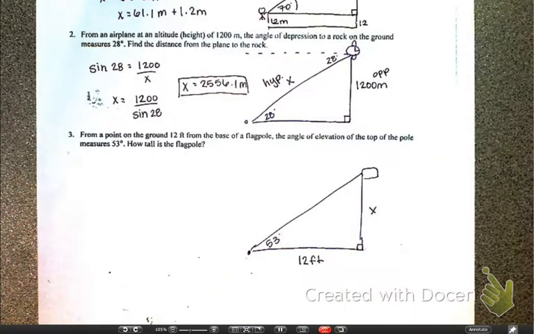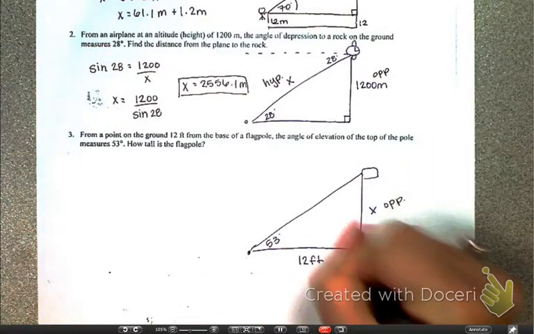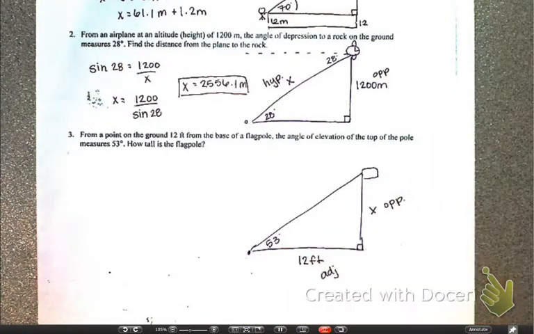This one hopefully was really straightforward. Okay, I have the opposite and the adjacent, which is which trig function?